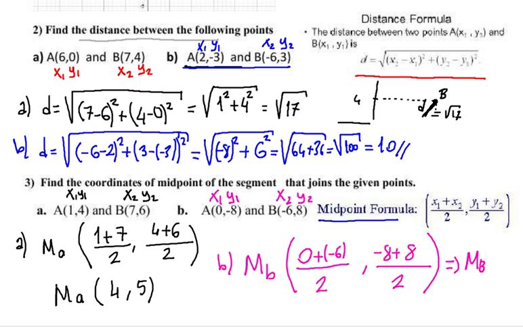Sorry, B is not capital, so I write like this. MB is 0 plus minus 6 is minus 6 over 2, minus 3, and minus 8 plus 8 over 2, 0 over 2, which is 0. This is the midpoint of points A and B under B.